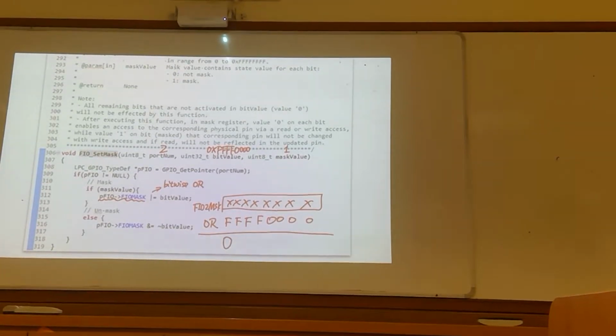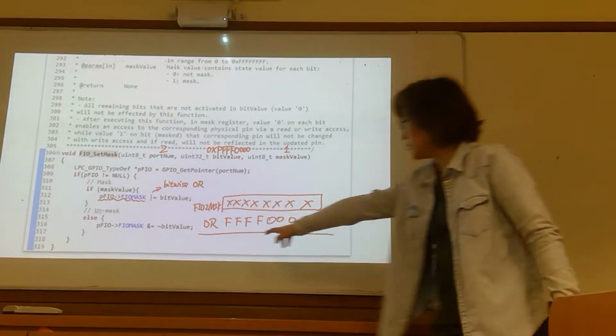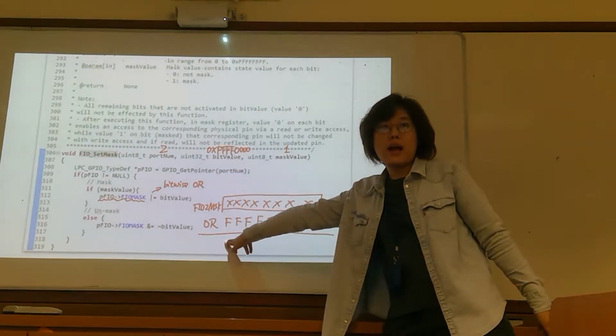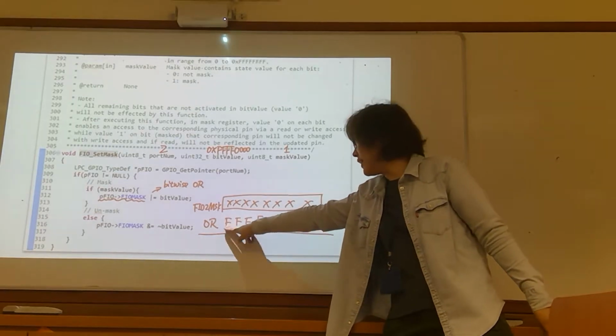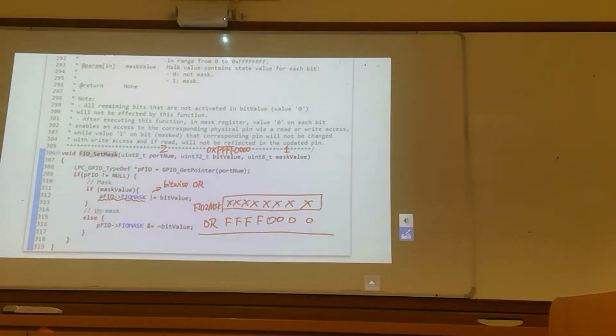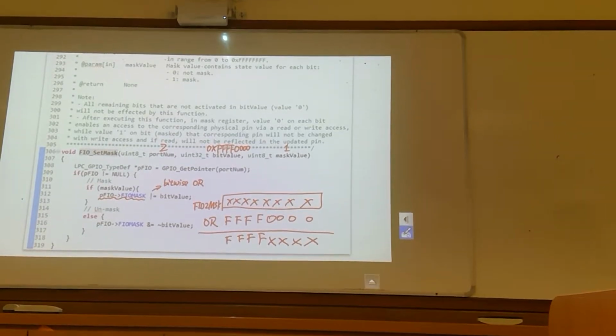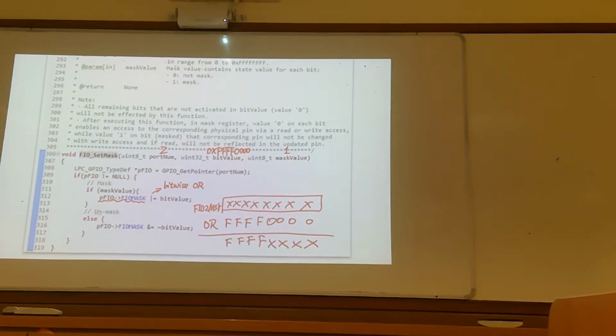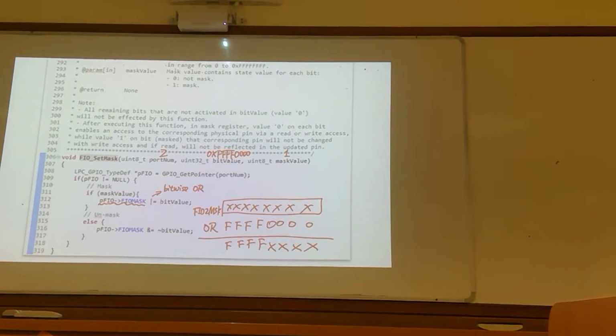What should be here? F, right? Because anything OR with 1, you will get 1. So here you will get F. The other place, X. So then this value, can you see that?